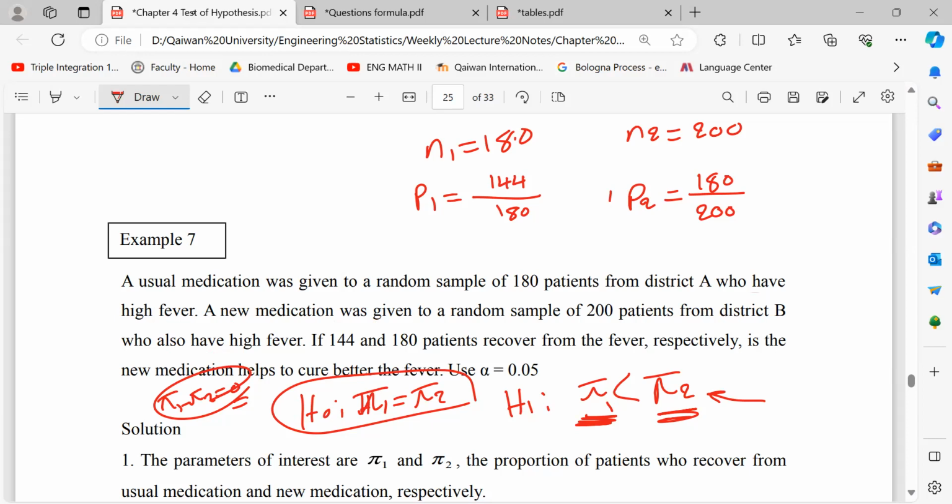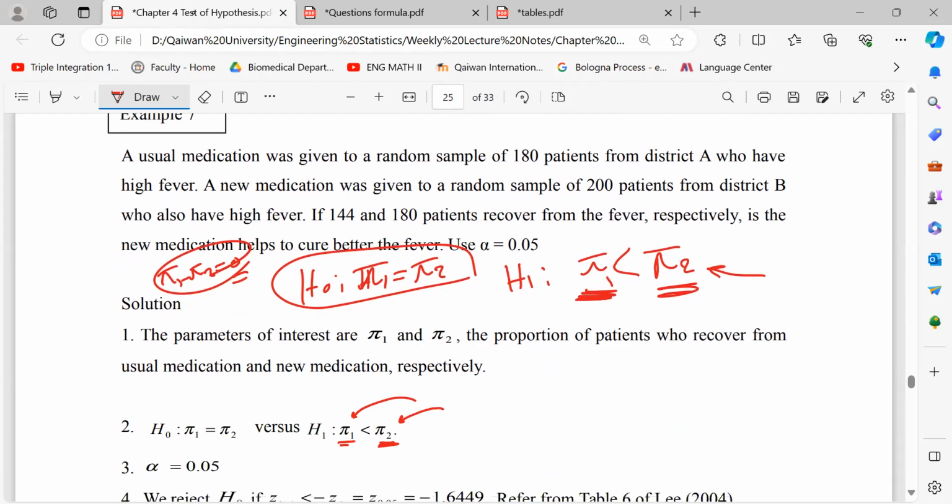In the first step, the parameters of interest are pi1 and pi2. In the second step, we define the null hypothesis and the alternative hypothesis. The null hypothesis is that pi1 equals pi2, and the alternative hypothesis is that pi2 is greater than pi1. We talked about this. Okay?